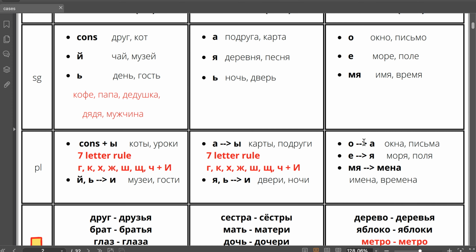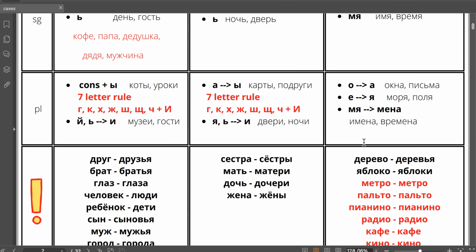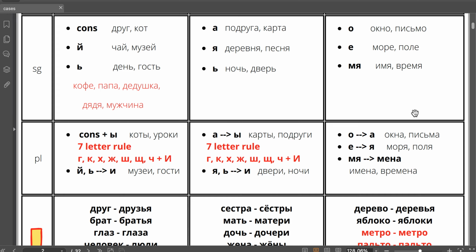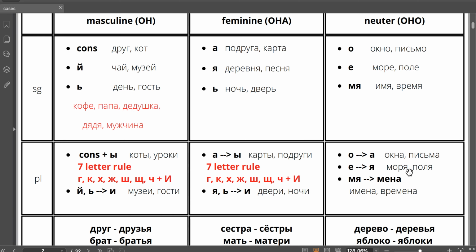And of course, we have the regular plural for neuter, but we'll go back to irregular in a second. I want to highlight the tricky part of plural neuter. When you create the plural form of neuter nouns, they have ya endings. And when you read a text, you can think that it's feminine singular because we have the same pack of endings.